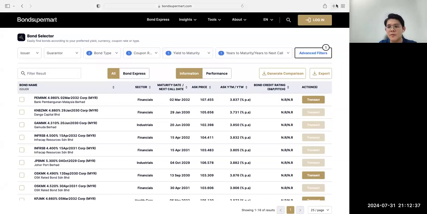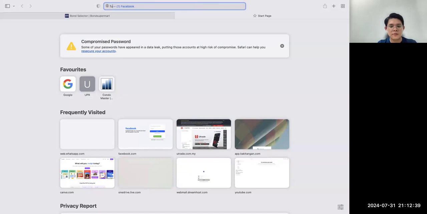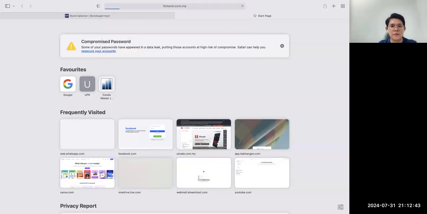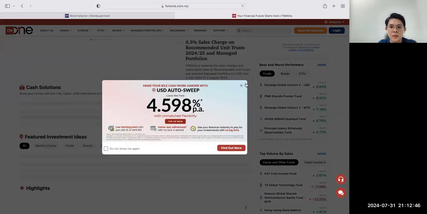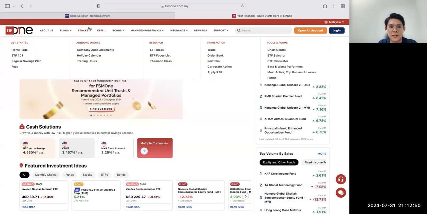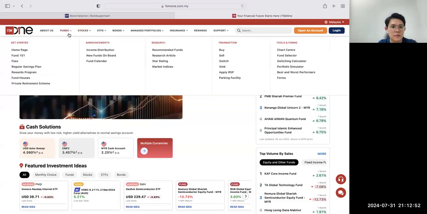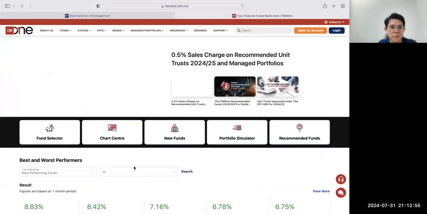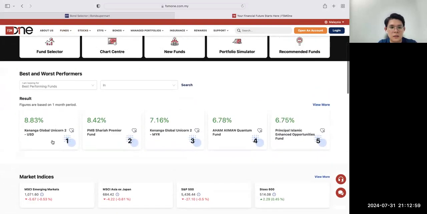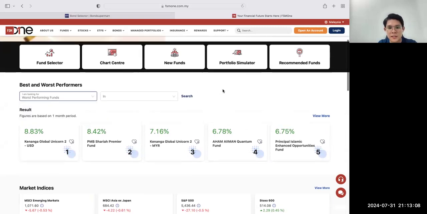And for the funds, you can go to the platform called Fund Supermart, FSMOne. Here you can search the funds. You can go to the funds homepage, where you can see the best performing funds at this moment, and also the worst performing funds.